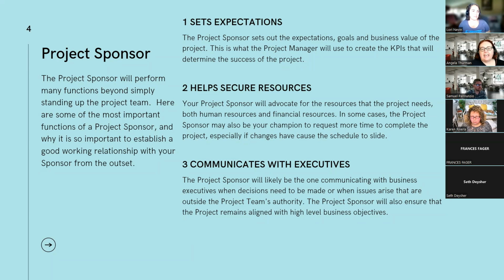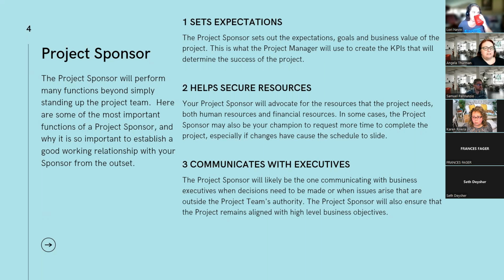They will be reporting on the status of the project, maybe at some higher level executive meetings, and they'll be the one that brings up topics when issues arise that are outside of the project team's authority. And they will also ensure that the project remains aligned with high-level business objectives.